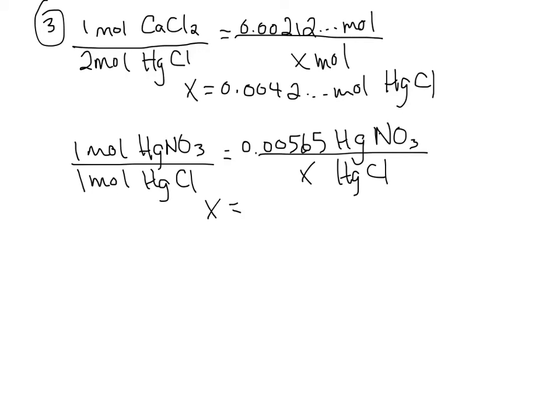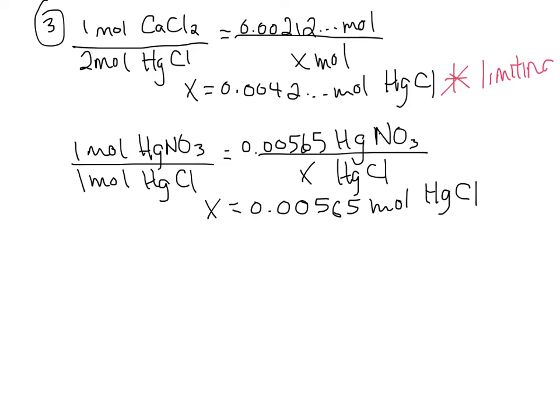So the number of moles that we get is also 0.00565 moles of mercury(I) chloride. If we take a look then, this one here from the calcium chloride is the smallest, so this is our limiting reactant. That means that the mercury nitrate is in excess.